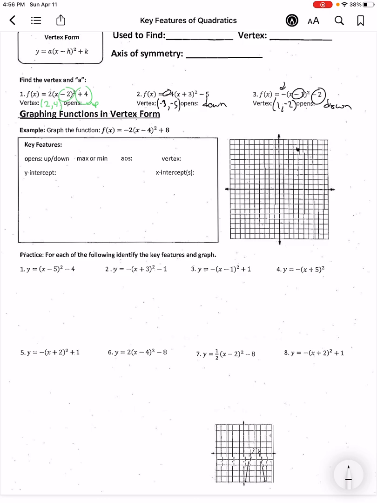Okay, and then what I would do really is I would go to my calculator and type it in. Now because it's negative, that means it's going to open down. Normally when I put a 1 in and I square it, it becomes 1. And when I put a 2 in and square it, it becomes 4. Well, because of this multiply by 2 here, it's actually going to double that. So when I go to the left 1, instead of going down 1, I'm going to go left 1 and down 2.